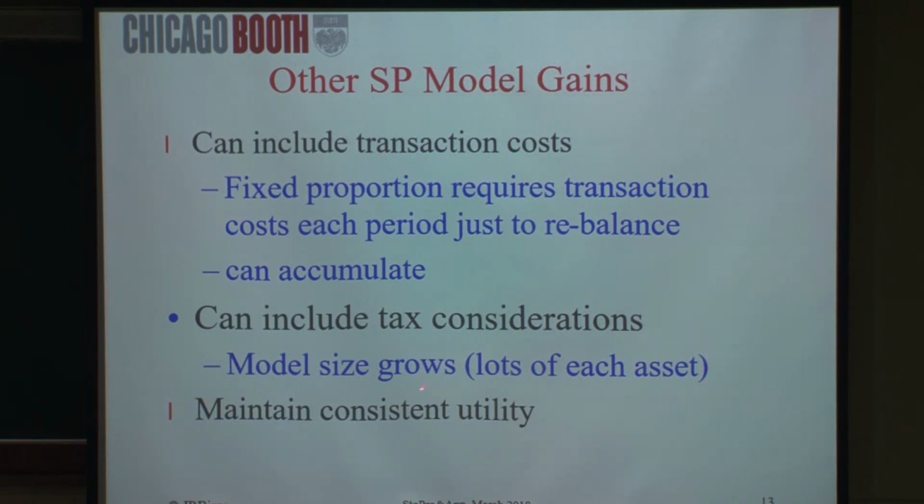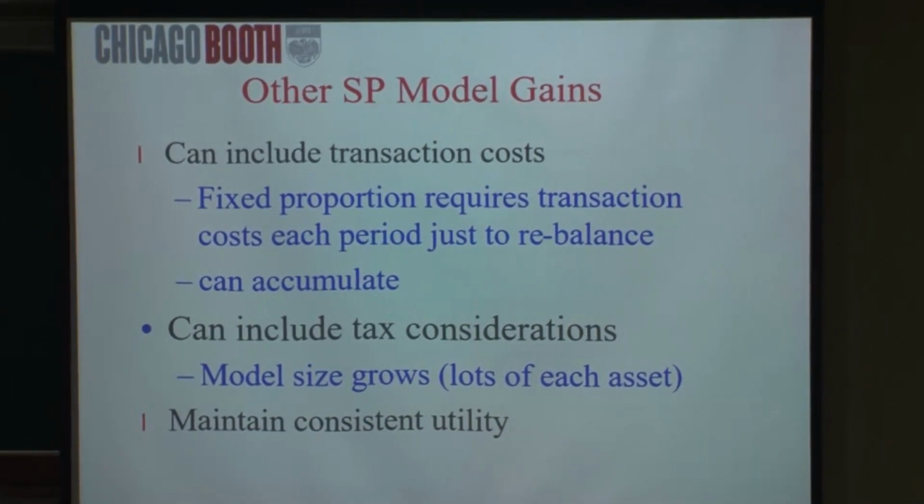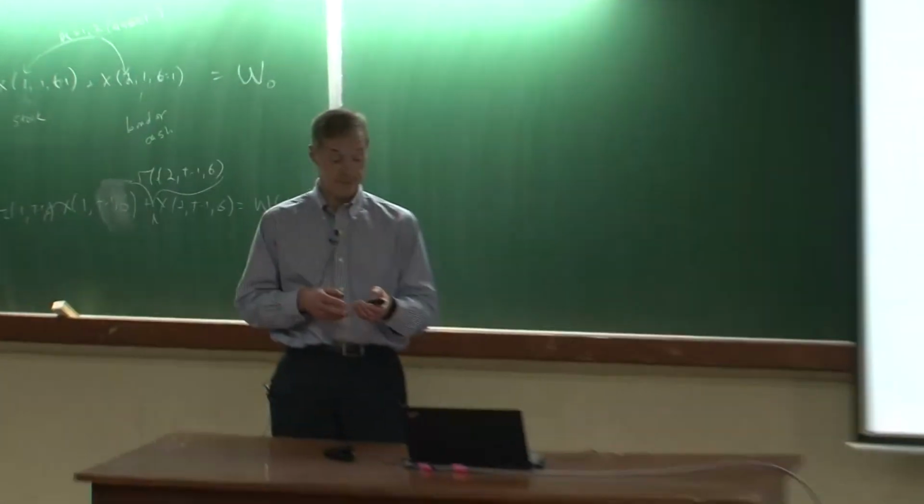A stochastic program can include tax as well. It creates maybe larger models, but the stochastic program's biggest benefit is that it's comprehensive. It allows you to include all of these other things that don't occur when you just look at the mean variance portfolio model.